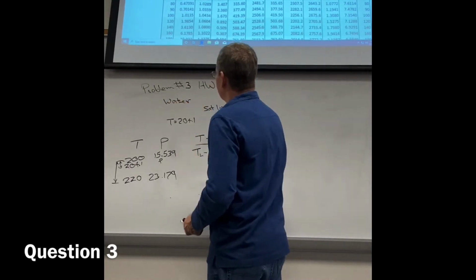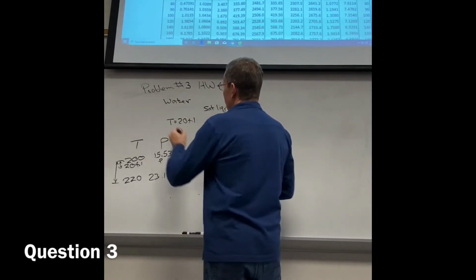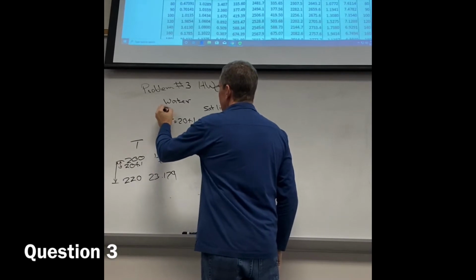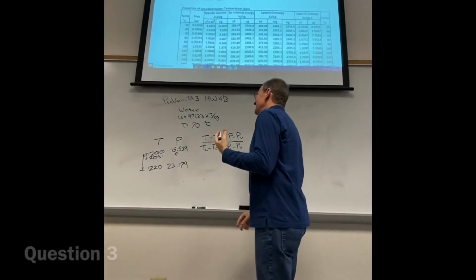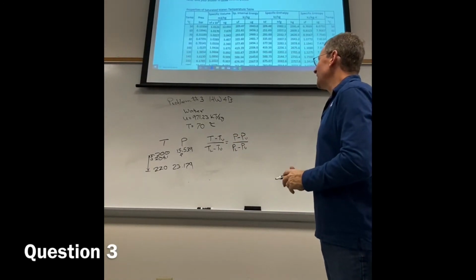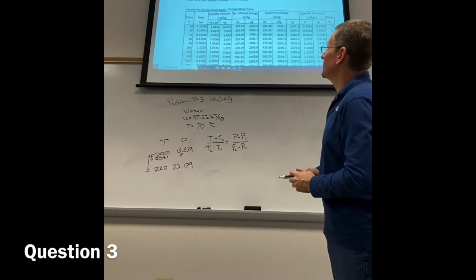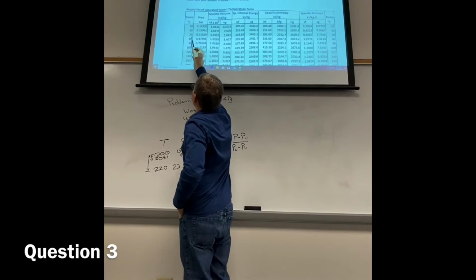I don't have to give that information because you could tell from the specific internal energy, so 971.23. If it's not in the table directly, we'll have to see how close we are. But in this case, it's right there in the table, so 70 degrees C. So we go to 70 degrees C in the saturation table.